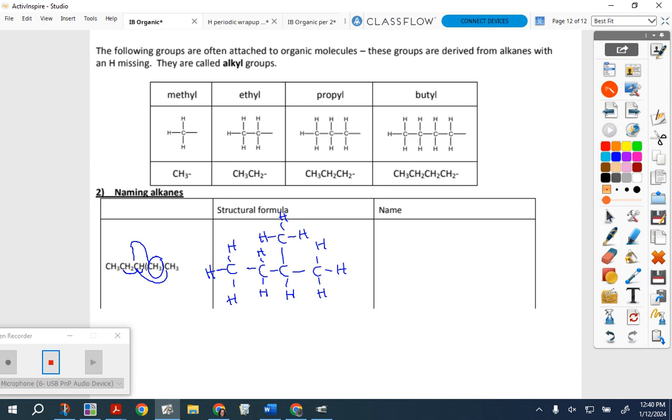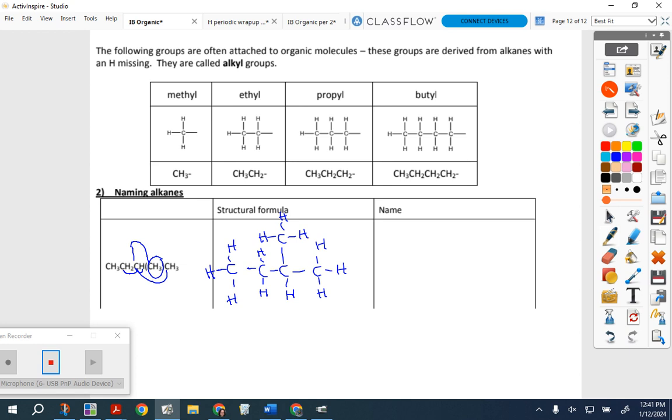Now, how are we going to name this? This is where things start to get a little bit complicated. How many total carbons do I have? I've got 5 total carbons, but I'm not calling this a pentane, because when we name the molecule, we name the longest continuous carbon chain, excluding the branches.